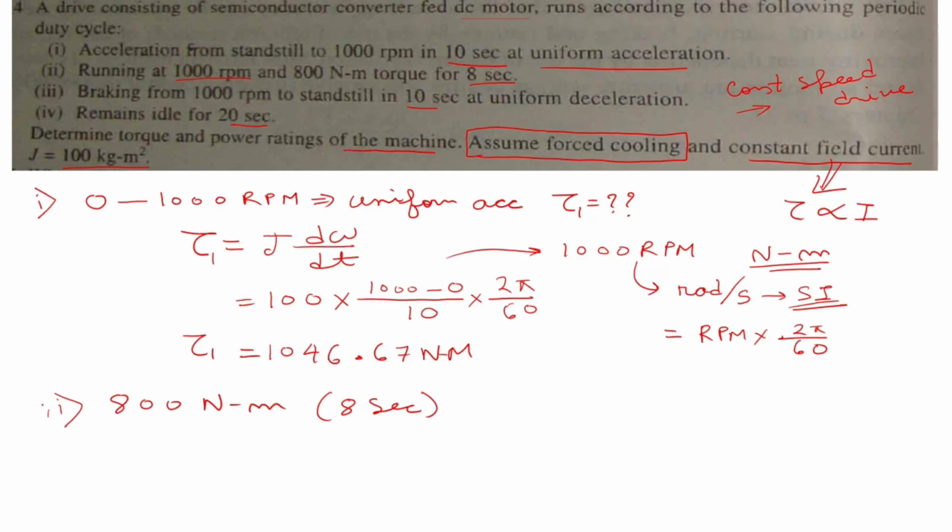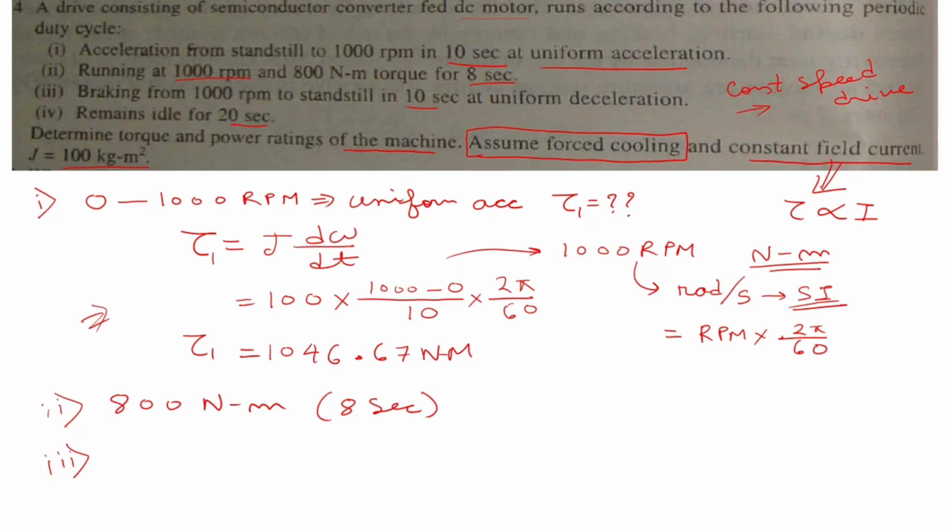In the third interval, you can see it's braking from 1000 rpm to standstill in 10 seconds. The torque will be the same as that of the first case, as the speed is reduced from 1000 to 0.